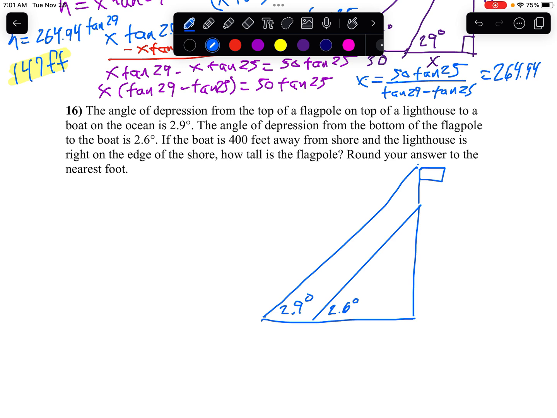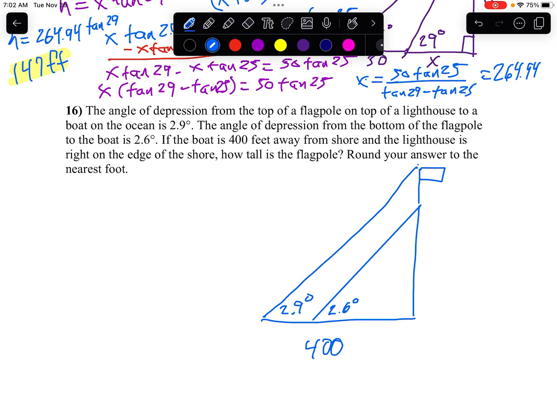So in other words, we're taking a look here. I do believe you got to read where it says here. The angle of depression to the top of the flagpole is 2.9 degrees. The angle of depression from the bottom of the flagpole, the boat is 400 feet away from the shore. So this is 400.